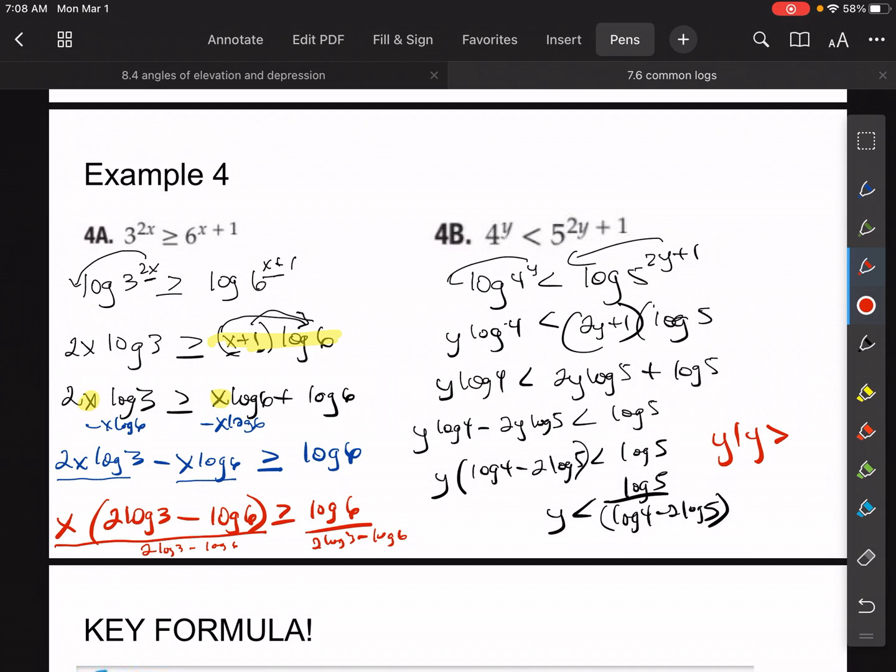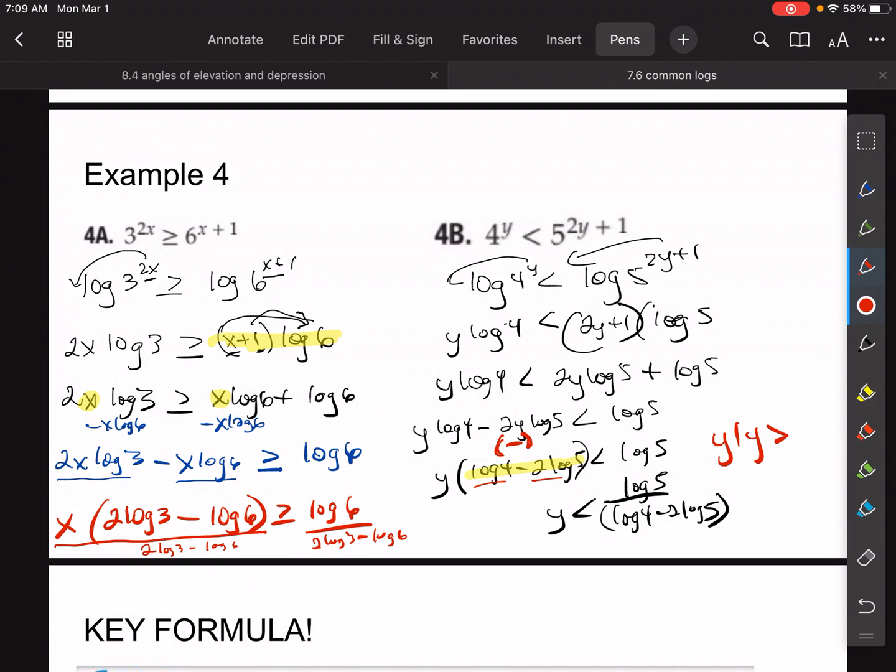Oh, and one thing that we need to consider here, and that I need to pause for a second, is when you evaluate this piece, if this is a negative answer, then we have to change our inequality because we're dividing by a negative. So you might want to just type that into your calculator, log 4 minus 2 log 5, and see if it's negative. If it is, switch the inequality at the last step, which in this case it is.